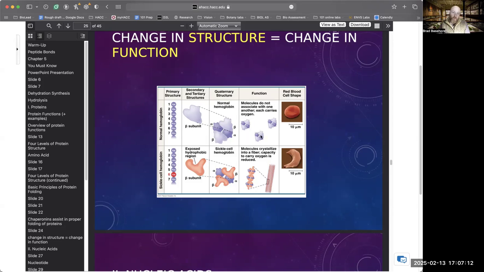It's going to form normally into these nice globular structures that carry oxygen. And this is going to fill up your red blood cells. So those red blood cells can pick up lots and lots of oxygen and travel through your circulatory system.